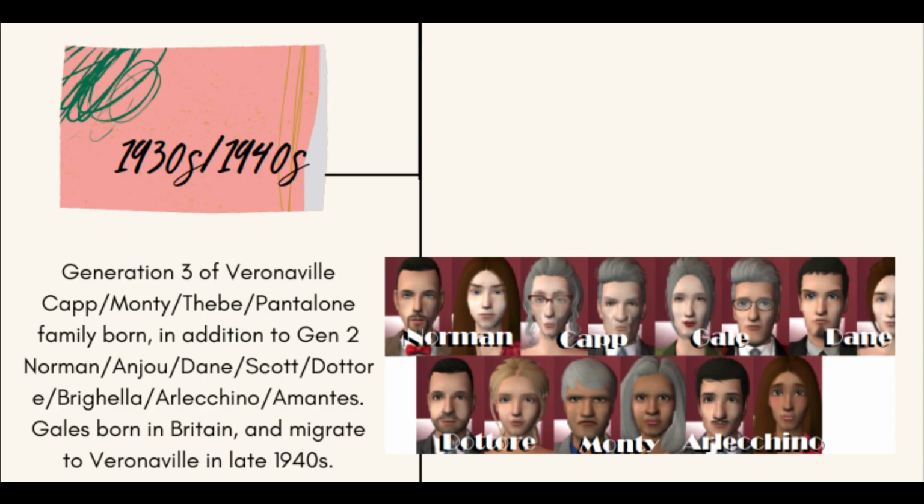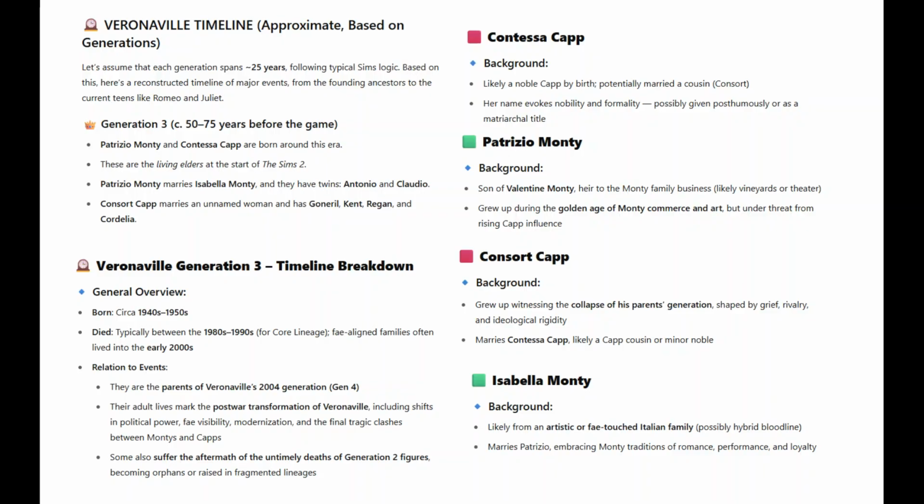So this is Caliban's parents who were born in Britain and most likely migrated to Veronaville in the late 1940s, where they are a part of this generation, but they are a bit older than a lot of the others, where they are the only ones outside of the four that are known in current Veronaville who pass away as elders. And I'm assuming they passed away alongside the adults from this generation. So I'm assuming this meant that they're already a bit older.